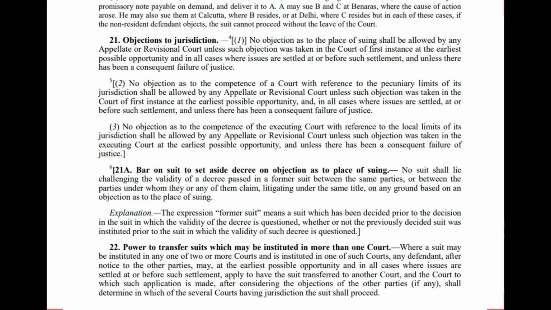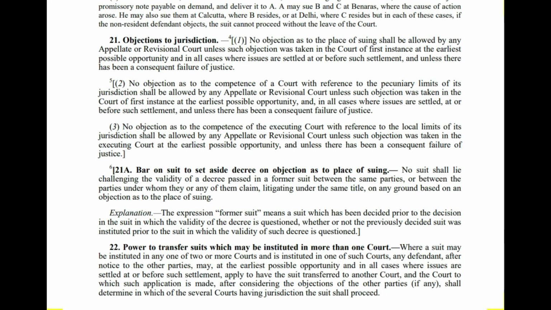Simple fact is A and B are parties. A is filing a case against B. A succeeds in that case. Now B cannot go and file a fresh suit saying that the place of suing is wrong. And what is a former suit? Former suit means a suit which is decided prior.